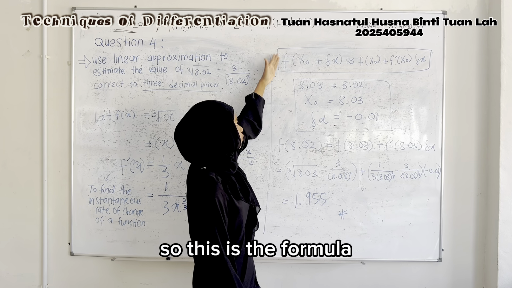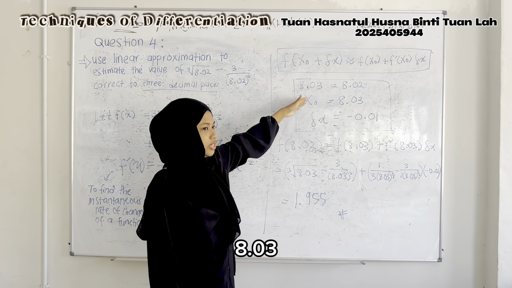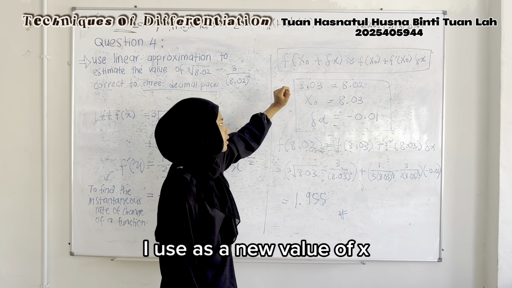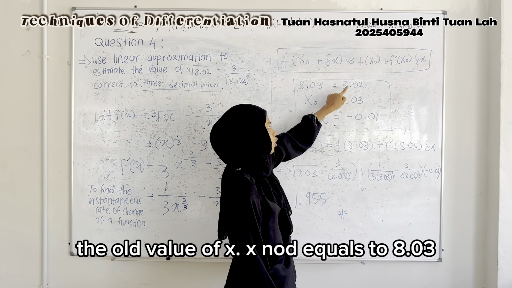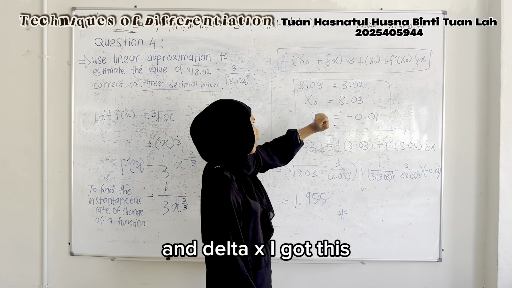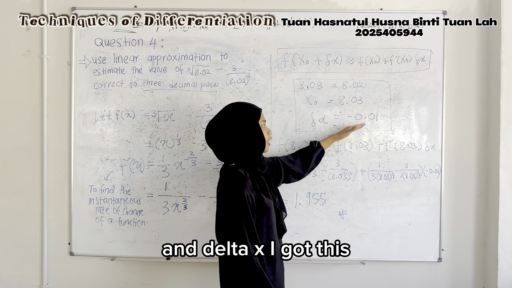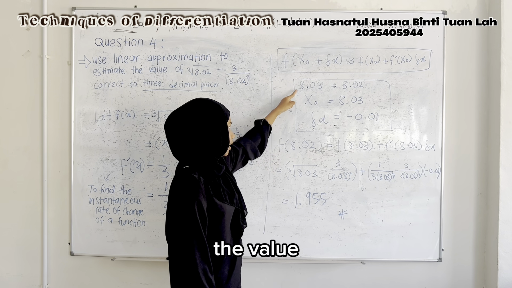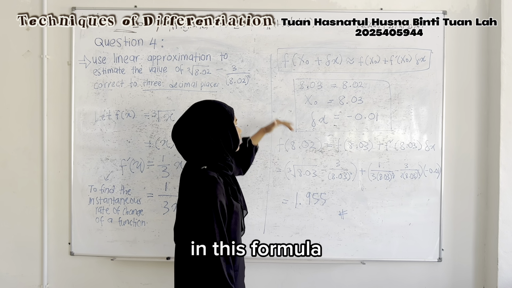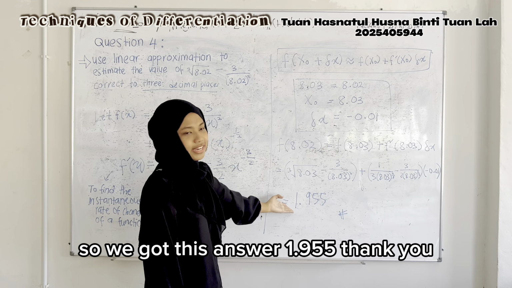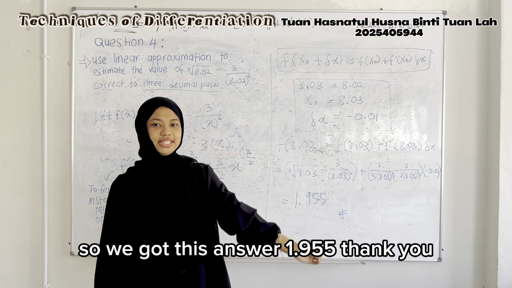So this is the formula. 8.03 I use as the new value of x, and this is the old value of x. x naught equals 8.03 and delta x I got this. I replace the values in this formula and we got this answer, 1.955.